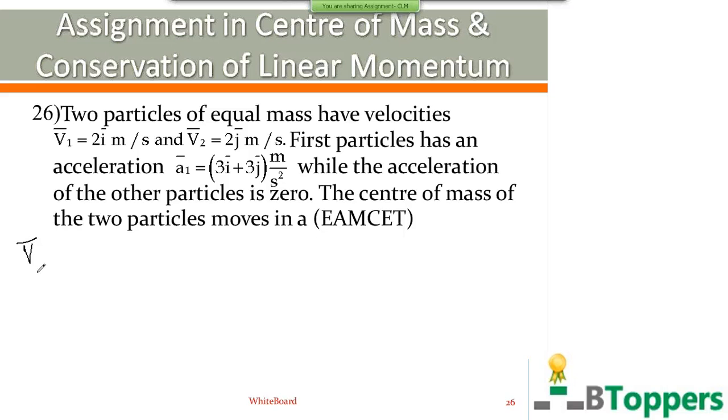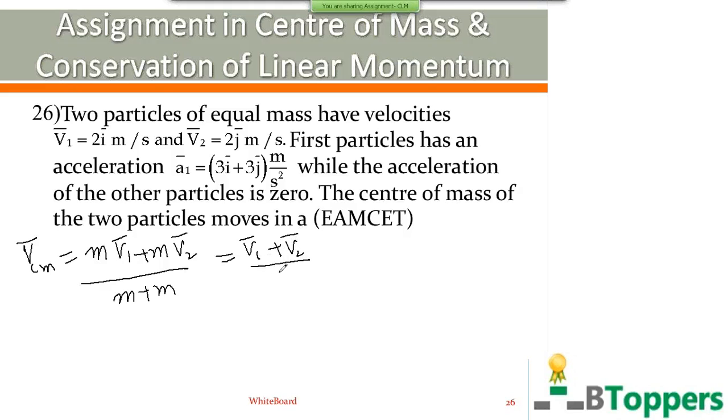The velocity of the center of mass system of two particles is given by Vcm bar equal to m1 v1 bar plus m2 v2 bar by m1 plus m2. Here both the particles have equal mass. Let m denote the mass of each particle. That means you can take m1 equal to m2 equal to m. So you get v1 bar plus v2 bar by 2.